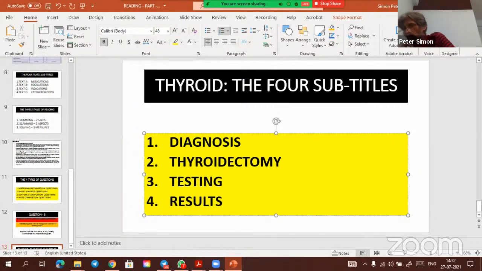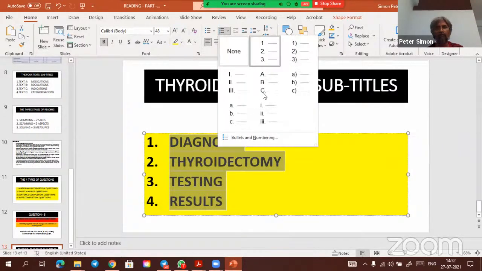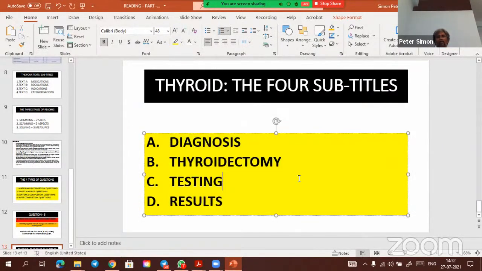Try to understand. These are the four different things. So this is text A. Actually, we have to give A, B, C, D. A is diagnosis, B is thyroidectomy, C is testing, D is results. We know that one. Very clear now.